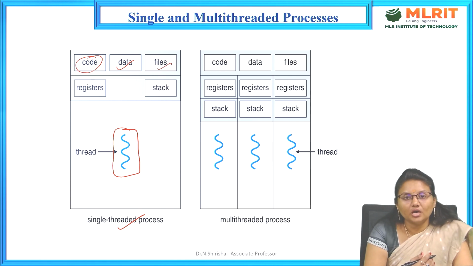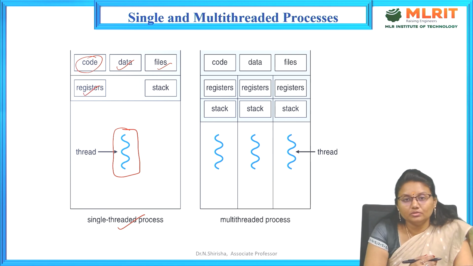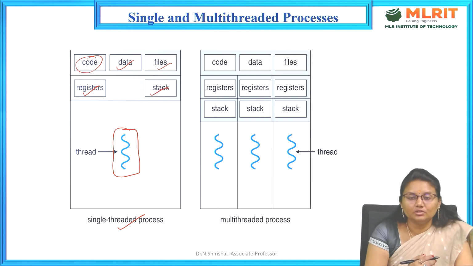The files which are open for the execution of a particular thread reside in the files. Registers are used to store the data, and you use the stack to place the registers and access them in LIFO fashion.